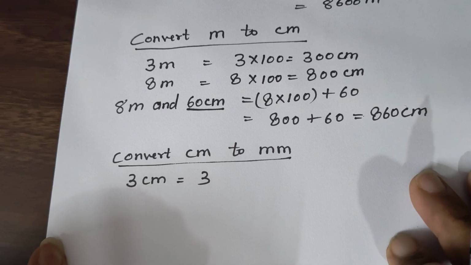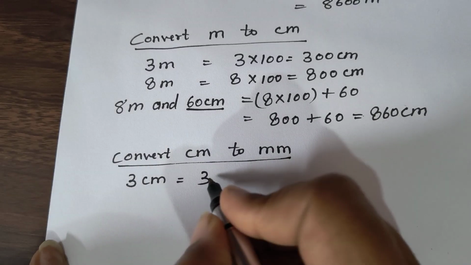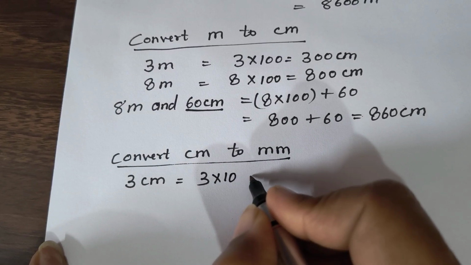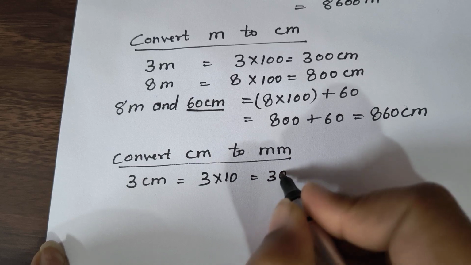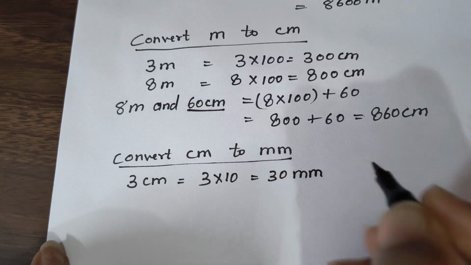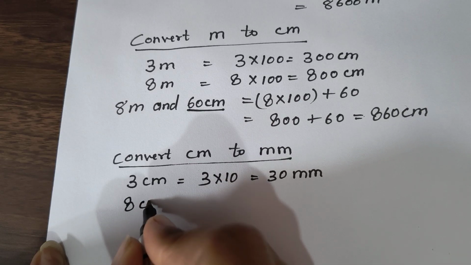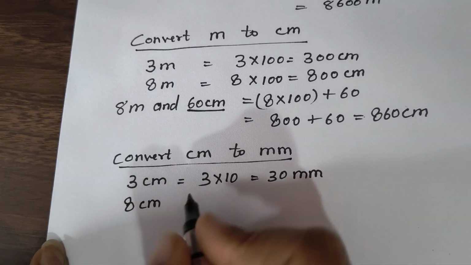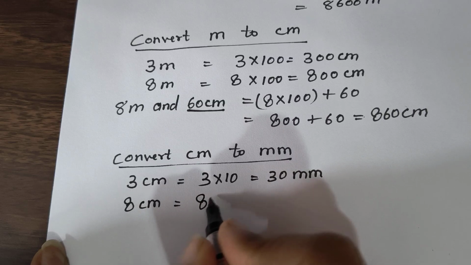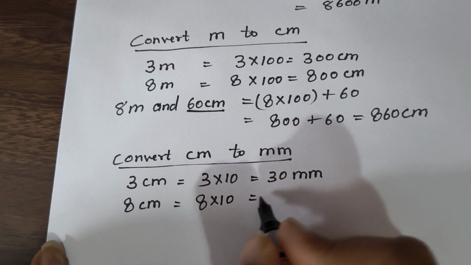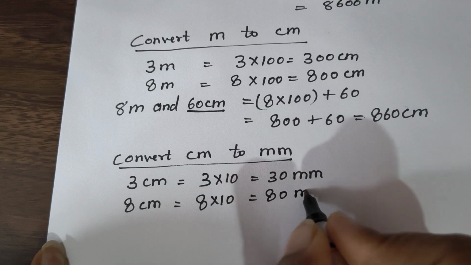So what will we do? 3 multiplied by 10 is equals to 30 millimeter. 8 centimeter is equals to 8 into 10, 80 millimeter.